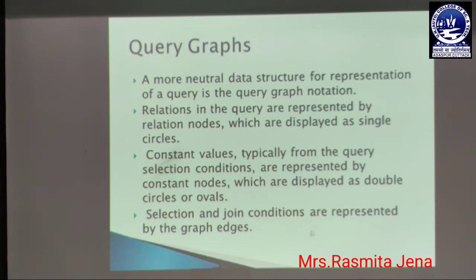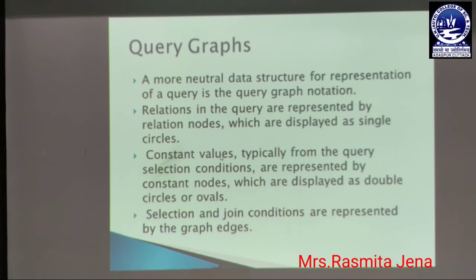Next we will see how we can form a query graph of a particular query. The query graph is simple, like the graph data structure. In a query graph, the relations in the query are represented by relation nodes, or graph nodes, displayed as single circles.